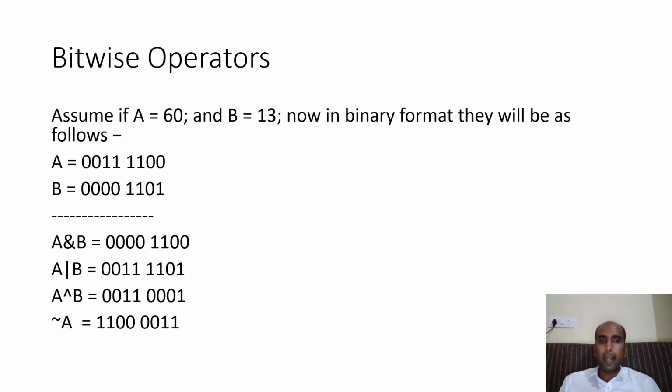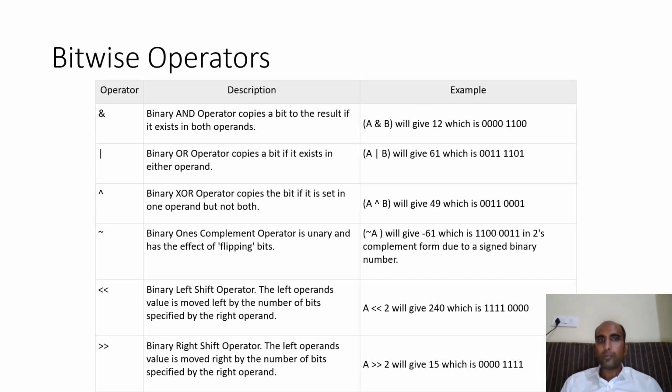So you are looking at the complement of a: 1 1 0 0 0 0 1 1. So all 0s become 1s and all 1s become 0s. You can apply and, or, XOR, and one's complement anywhere in your program and see what its result is.